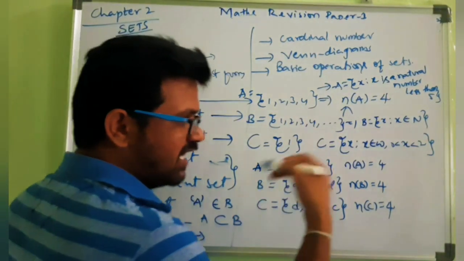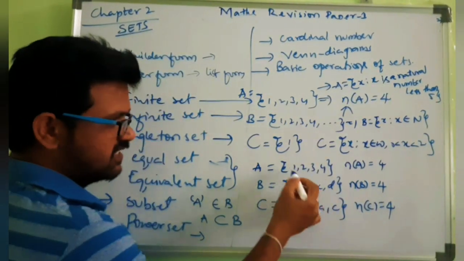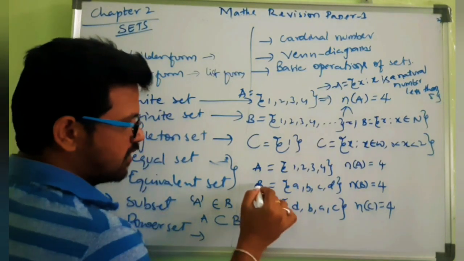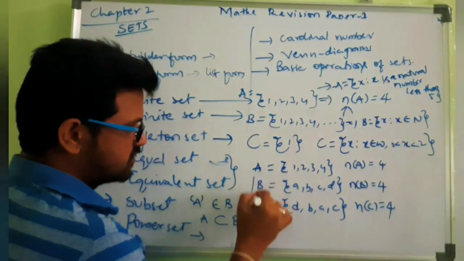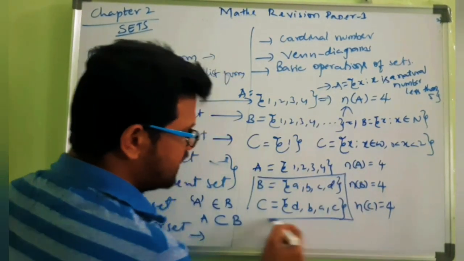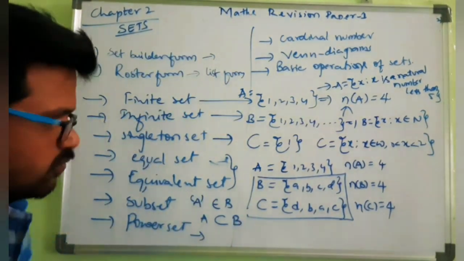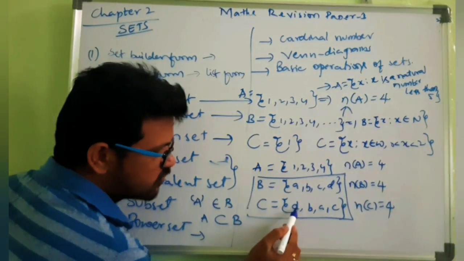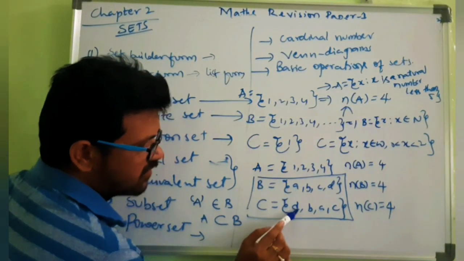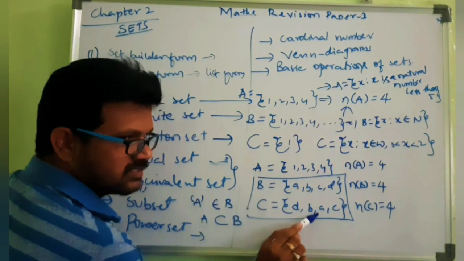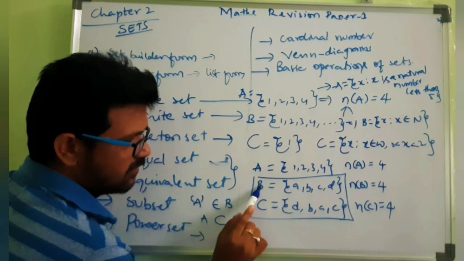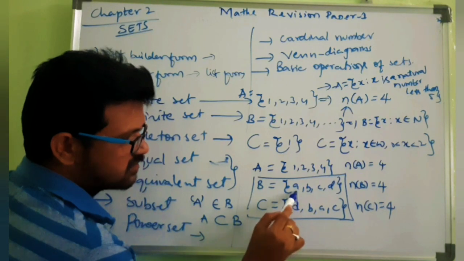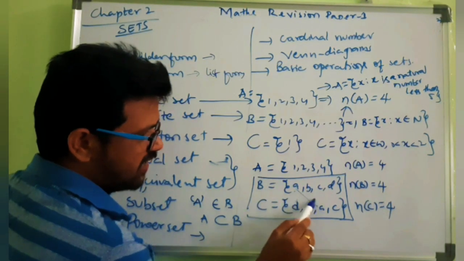Right, so these three are equivalent sets. Why? Because same number of elements. Then which are equal sets? B and C are equal sets. Why? Because elements also are the same. See here, a belongs to B and C, b belongs to B and C, c belongs to B and C. Each and every element is there in both the sets.